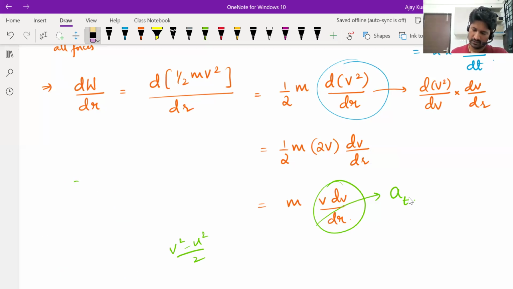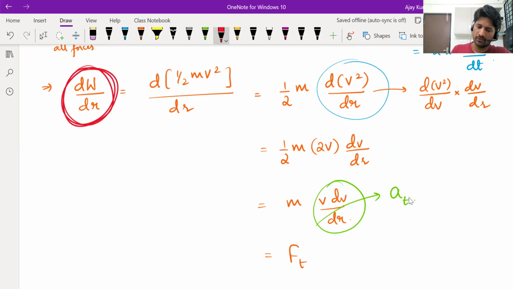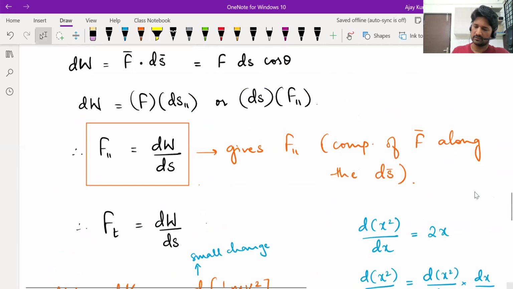Now, in the formula for kinetic energy, v stands for speed. So v dv by dr stands for tangential acceleration. And mass into acceleration is nothing but force. So this whole thing becomes tangential force. What was on the left hand side? Derivative of work with respect to displacement or with respect to position. It's the same thing. Gives you tangential force. Okay. Earlier also, that's what we had derived.